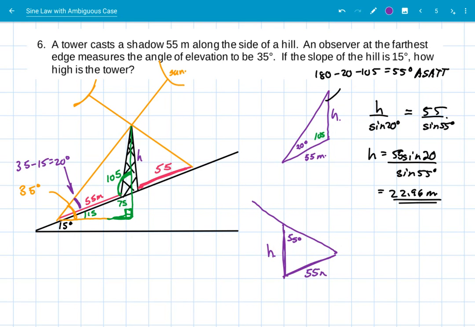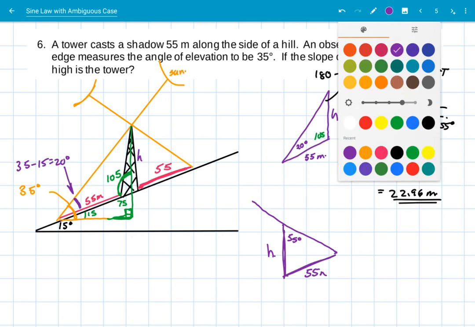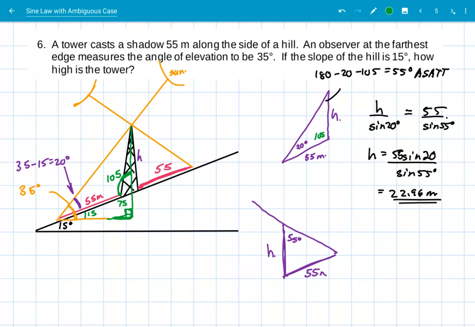Well, not really. If we look at this a little more carefully, right in here, we have the angle of observation of 35 degrees. And this will be the 15 degrees for the hill. Well, that adds up to 50 degrees. So this is 50. And of course, we don't even need that.